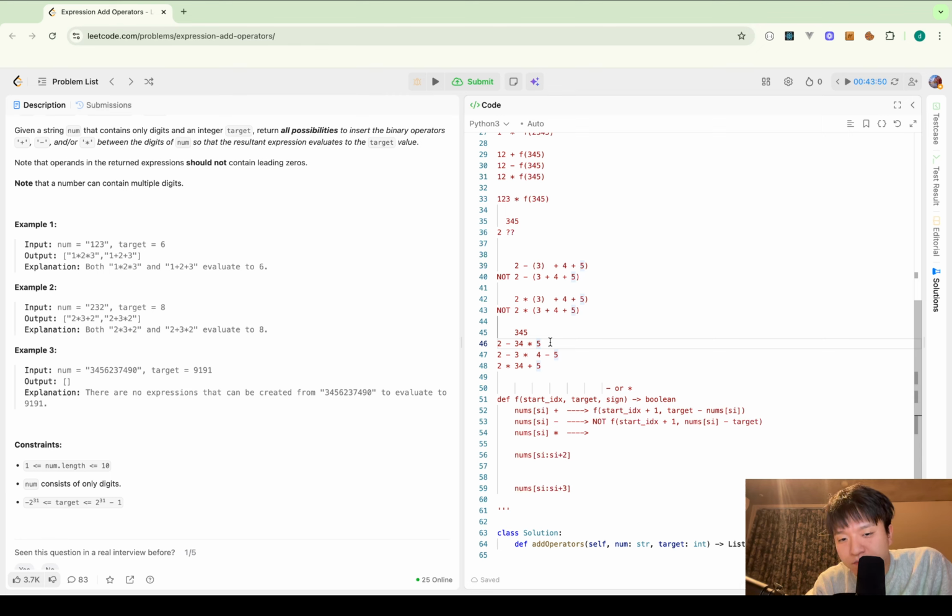But even that being said, my idea is passing this sign. And if this is plus, I can just use this. But if this is negative, I pass this negative as a sign.